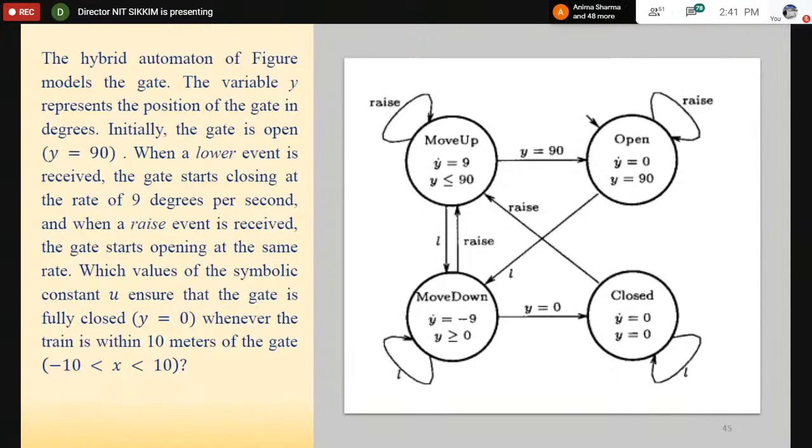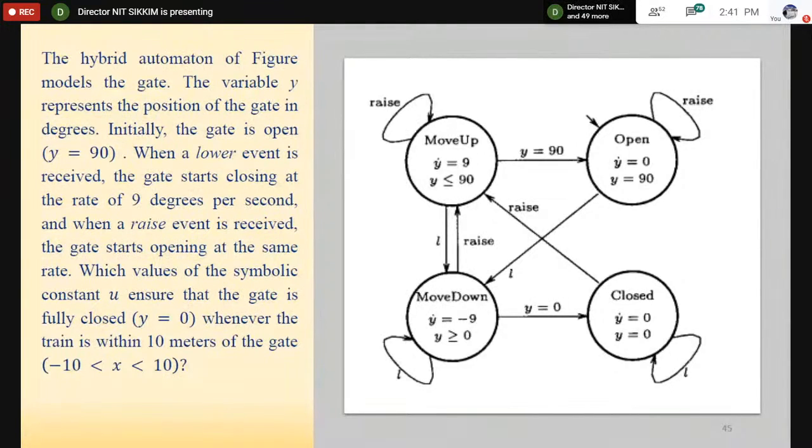This is also a gate automaton. It shows when the gate is going to move up, when the gate is going to move down, when the gate is closed, and when the gate is open. So there are only four possible states: gate open, gate closed, moving up and moving down. When it is moving up, y dot means the speed with which your gate moves up, and it should not take more than 90 seconds.